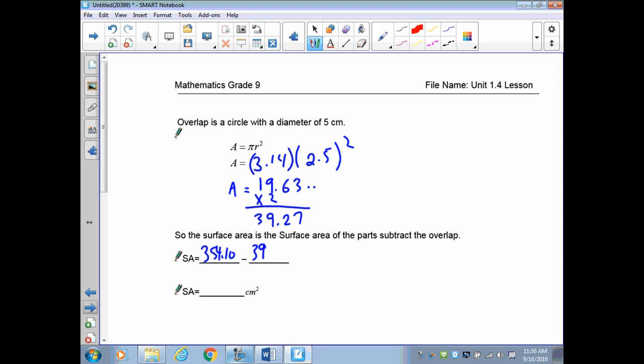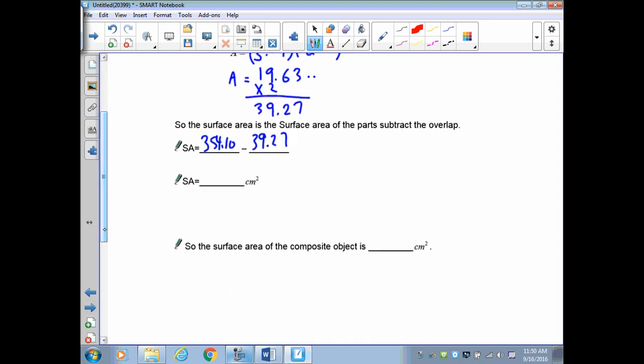Take away 39.27, and my final answer is 314.83. So the surface area of this composite object, composite meaning more than one piece, is 314.83. Okay, so that takes care of a box and a cylinder.